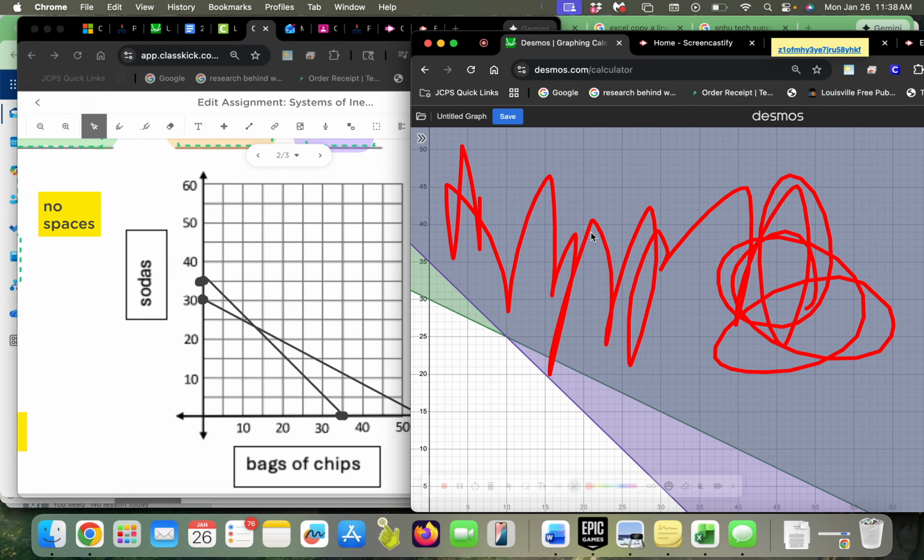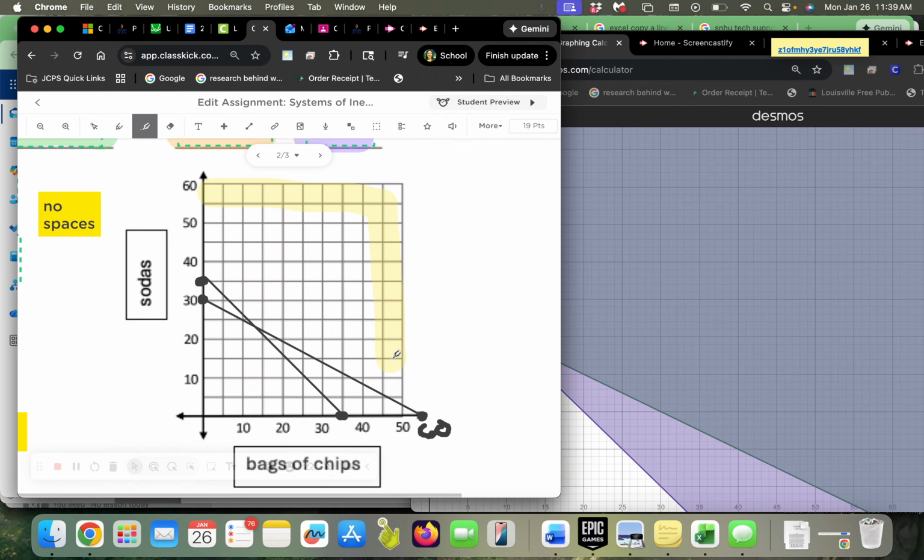So on my paper, I just need to highlight this whole area above the two inequalities, where both of the inequalities overlap.